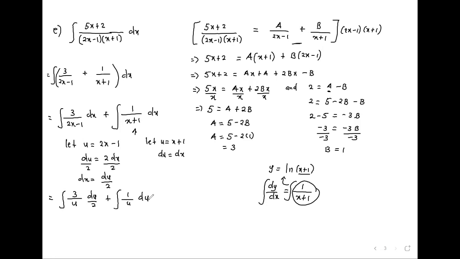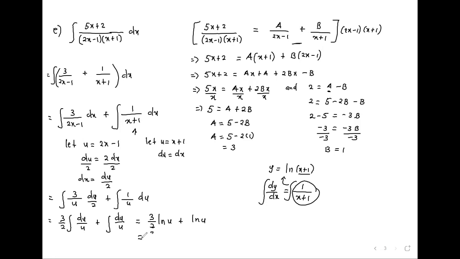So if we take 3 over 2 outside, since it's just a constant, so you can take it out, we'll remain with du over u plus du over u. Remember, these are different u's. So the first one will have 3 over 2 ln u plus ln u.